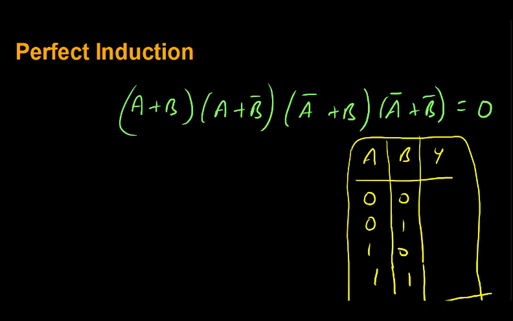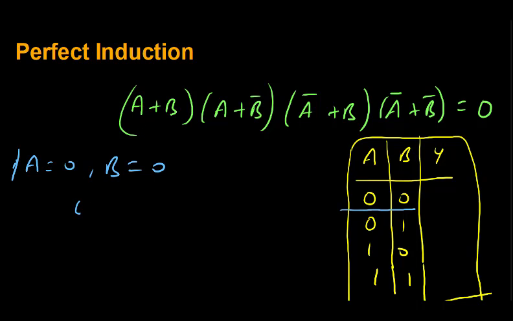So the first case is 0 0. We check this one: a equal to 0, b equal to 0. I'll substitute this.